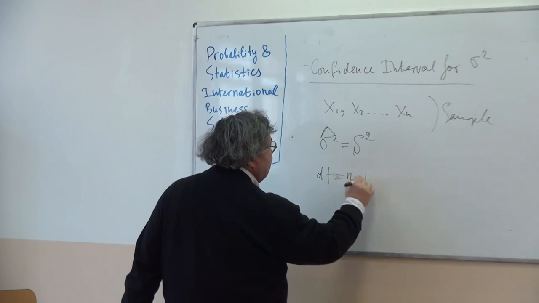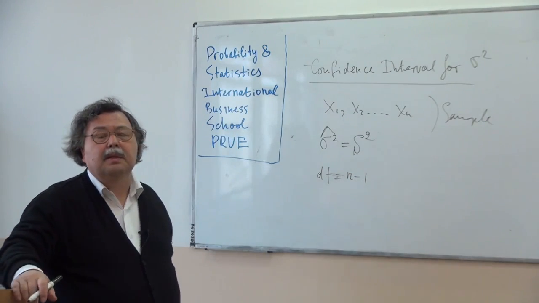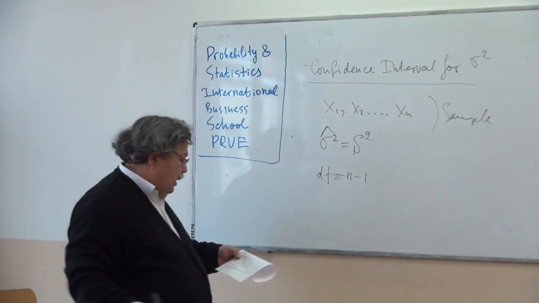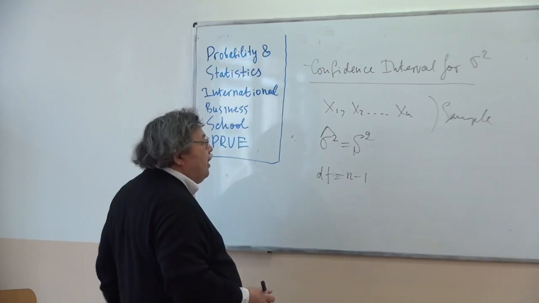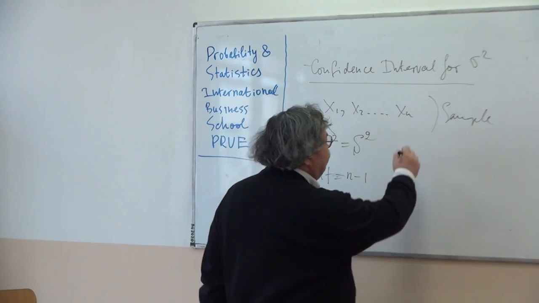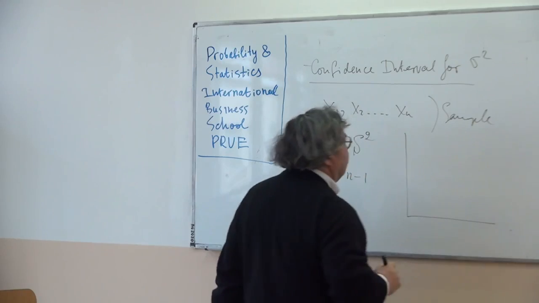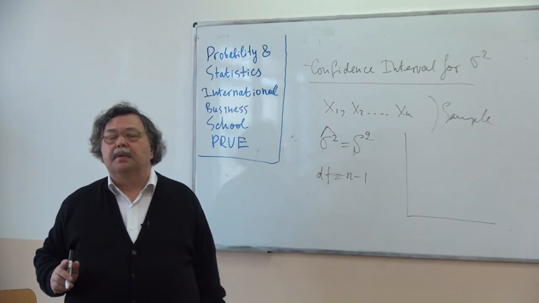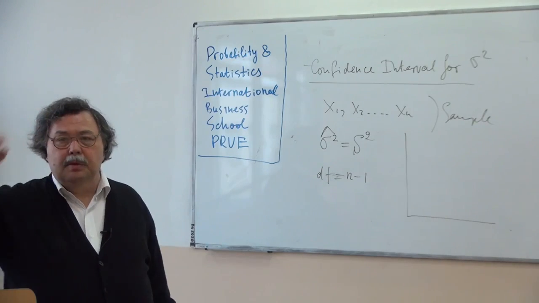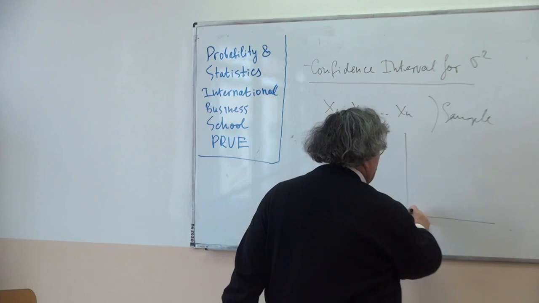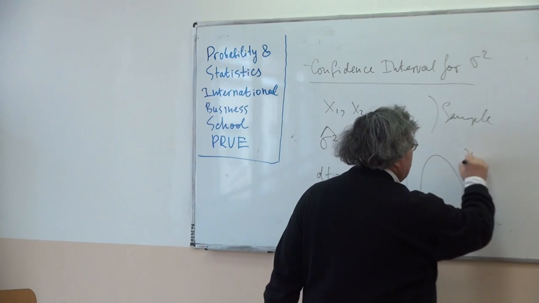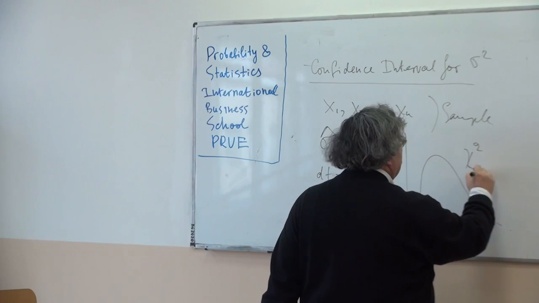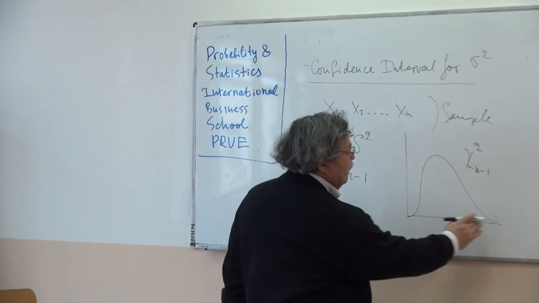we write this equation. The number of degrees of freedom is equated to the sample size minus 1. And then we do this. Because we know the number of degrees of freedom now, we can draw this curve, chi squared with this n minus 1 degrees of freedom.